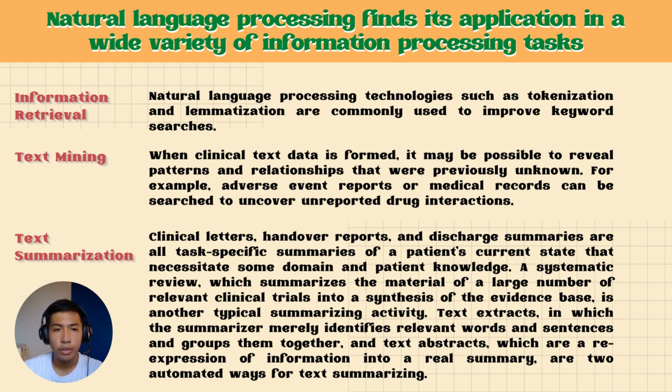A systematic review, which summarizes the material of a larger number of relevant clinical trials into a synthesis of the evidence base, is another typical summarizing activity. Text extracts, in which the summarizer merely identifies relevant words and sentences and groups them together, and text abstracts, which are a re-expression of information into a real summary, are two automated ways of text summarizing.